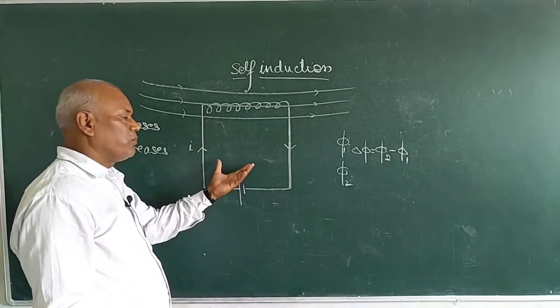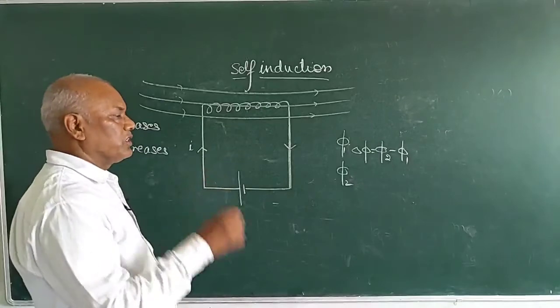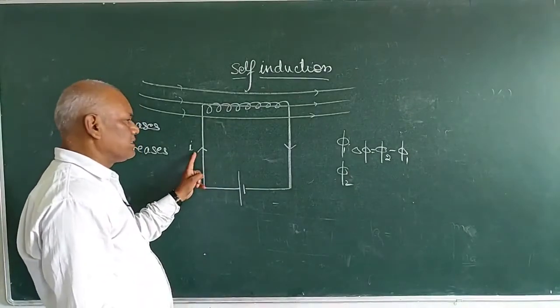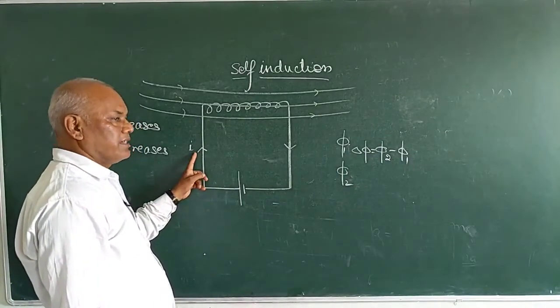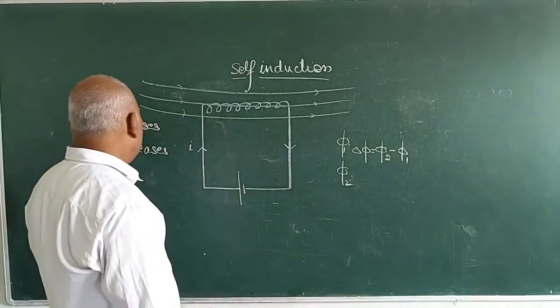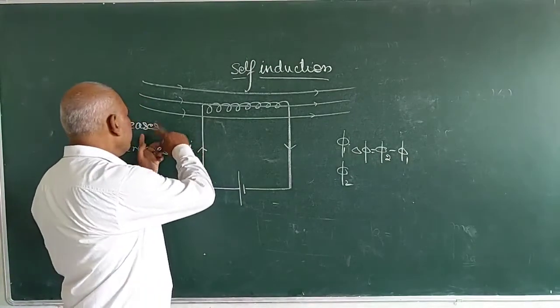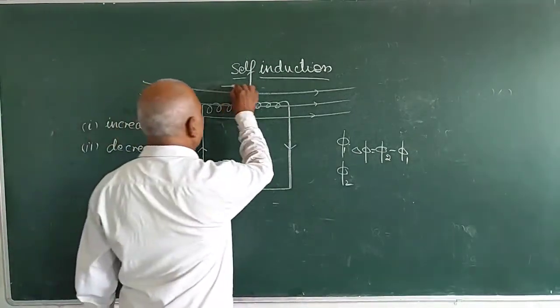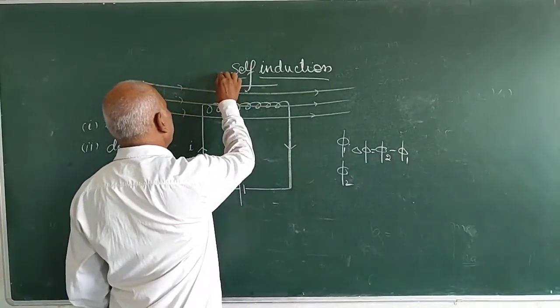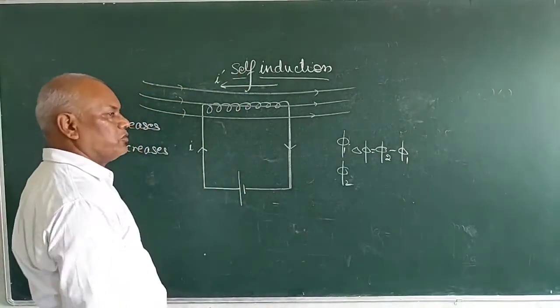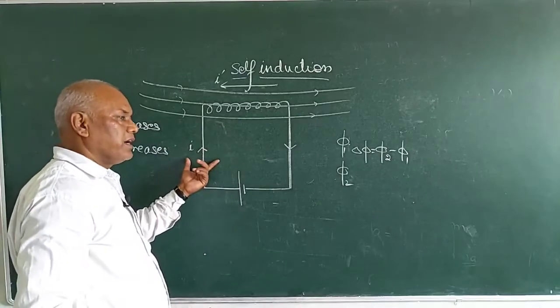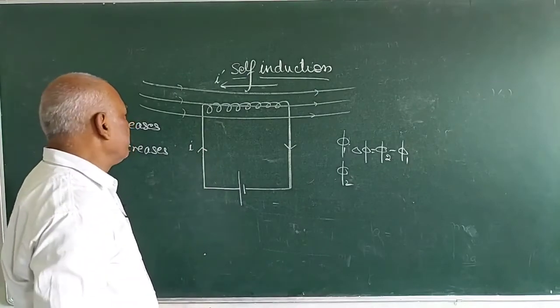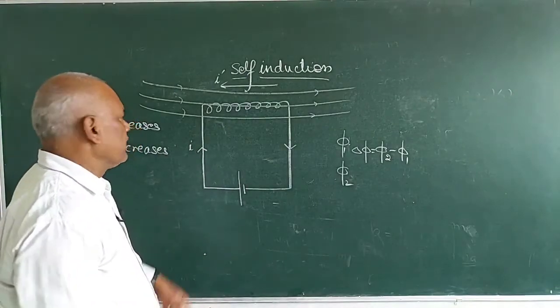The cause of production of induced current is the sudden change in main current. If the main current increases, then the direction of induced current will be just opposite to the direction of main current, so that it may reduce its value.